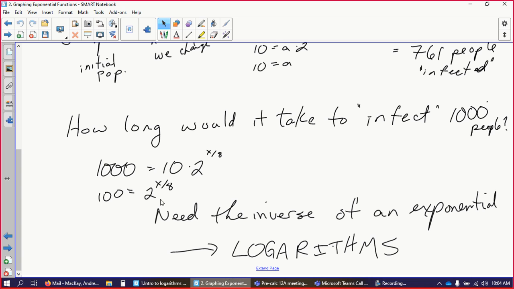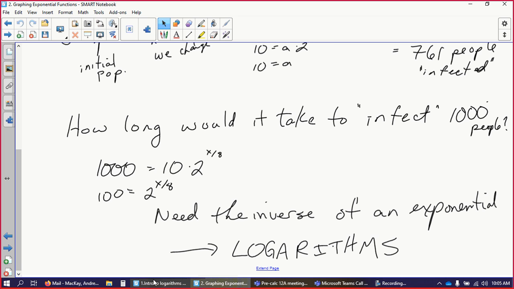That gets to be a bit of a problem because you can't multiply by 8, because that's part of an exponent. To get the variable out of the exponent, we need to use the inverse of an exponential function, which is something called logarithms.